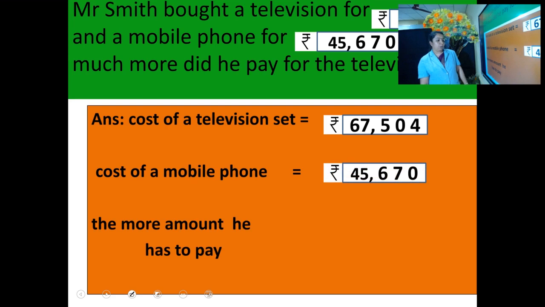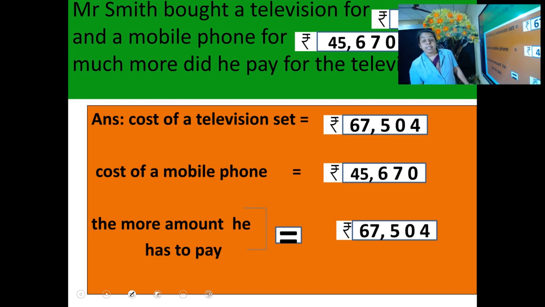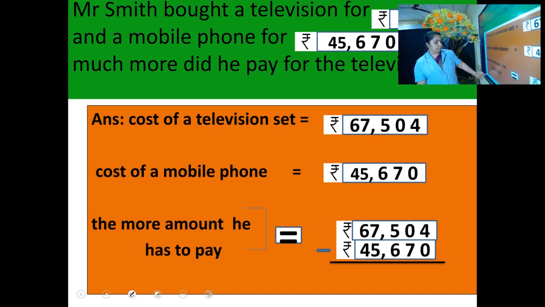The more amount he has to pay. How do you find out? Rupees 67,504 minus rupees 45,670. What is the answer?